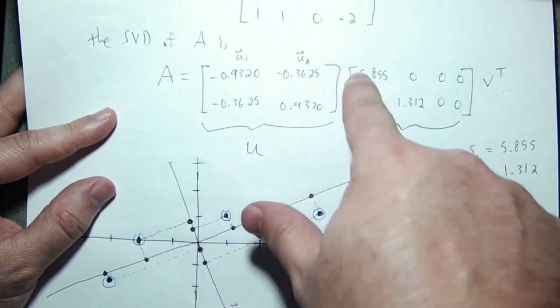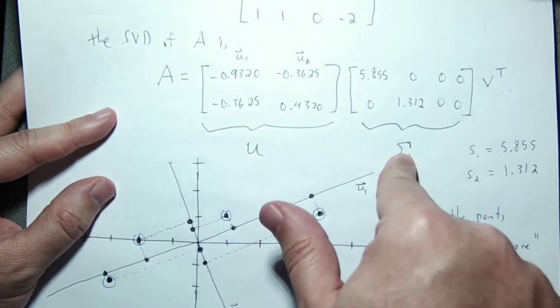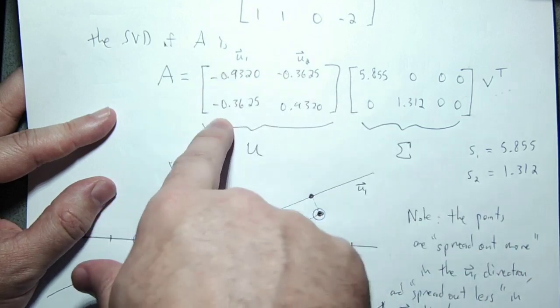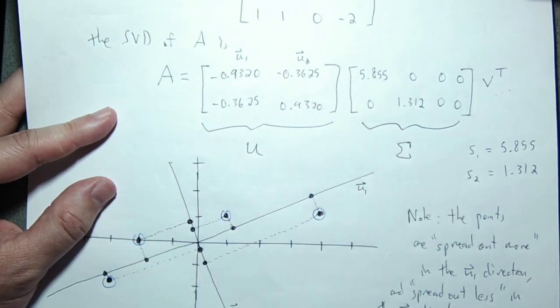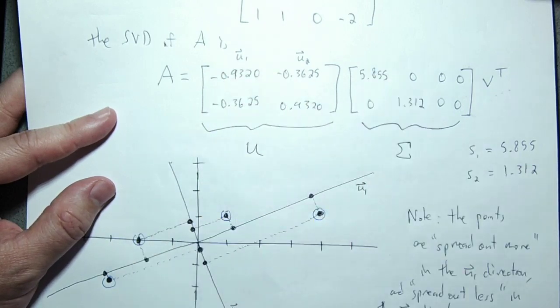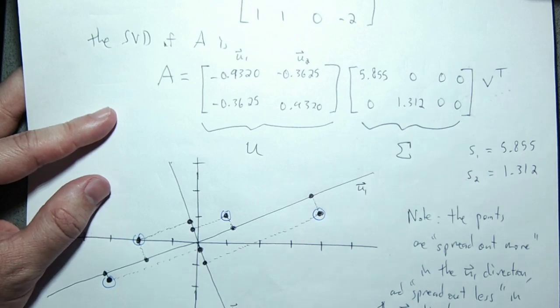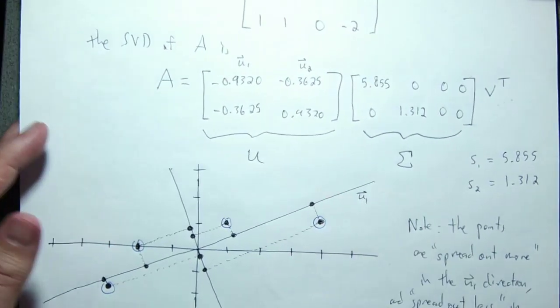Then, arranged in the standard way of writing this SVD, the columns of the matrix U are ordered in decreasing significance. If it's most spread out in the U sub 1 direction, it's less spread out in the U sub 2 direction, and less still in the U sub 3 direction, and so on. Okay, so that's how this goes. I'll be using that image multiple times. So that was the geometric intuition.